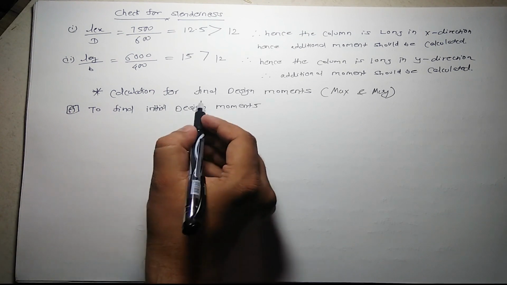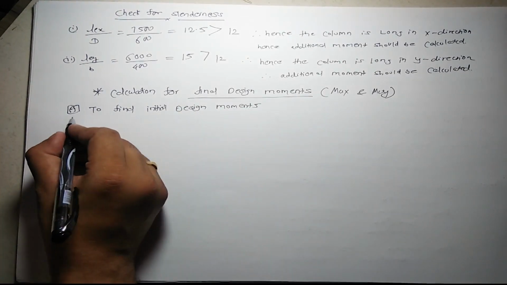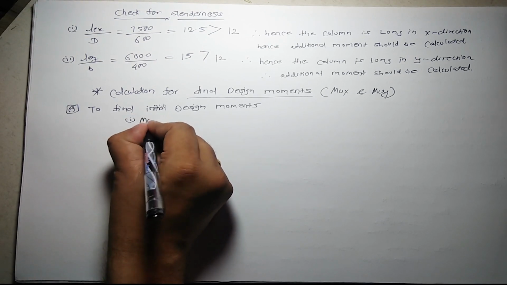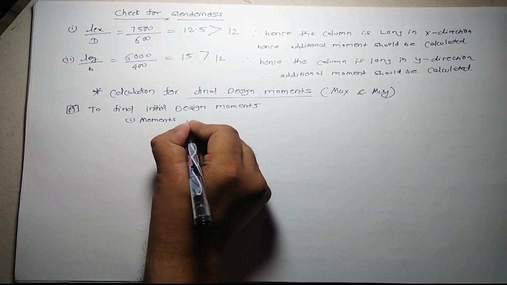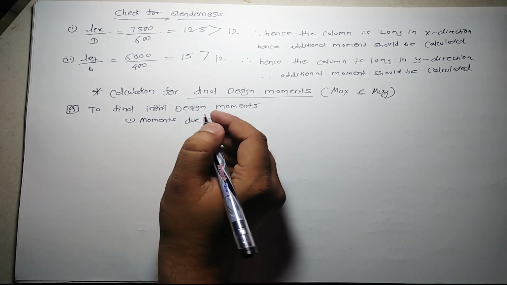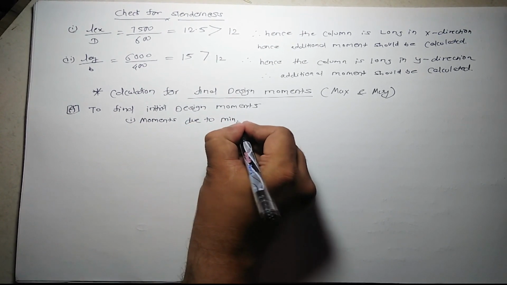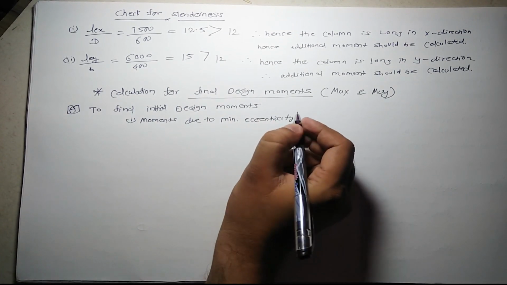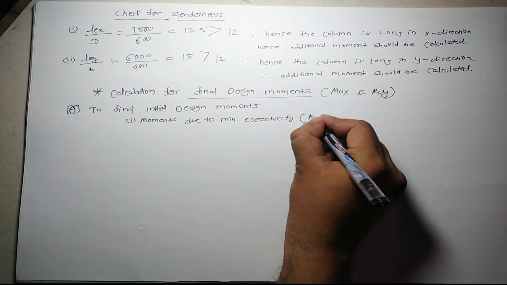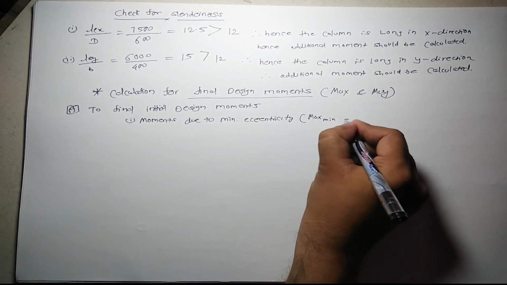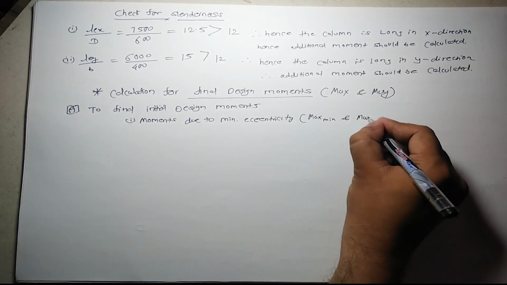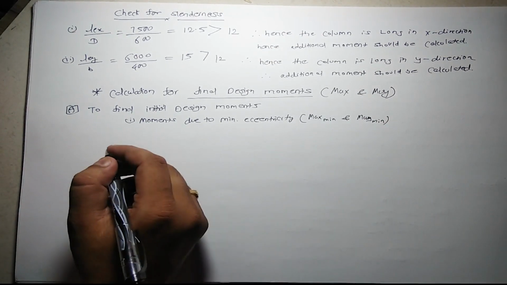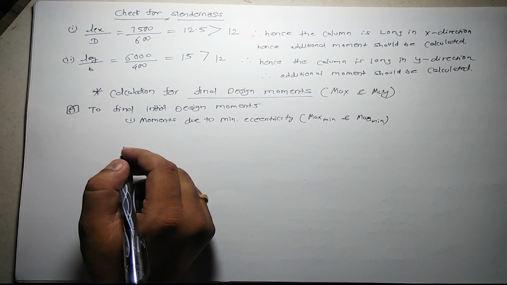In the final design moments we have part A, and in part A first will be moments due to minimum eccentricity, that is Mux minimum and Muy minimum. We have two conditions for that.